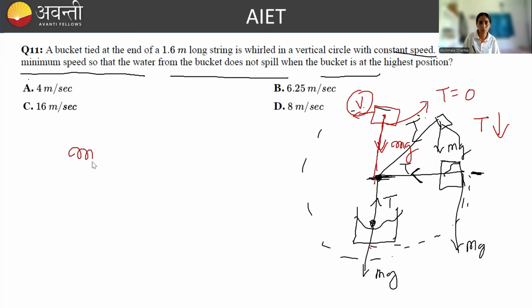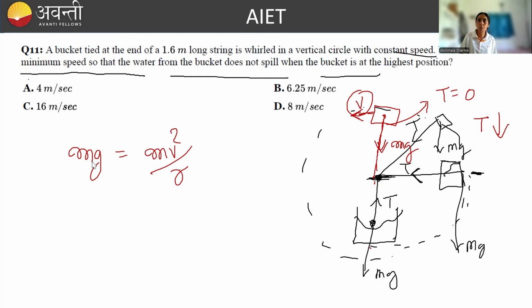So here at the top, mg should be equal to mv square by r. Because the question here is, what should be the minimum speed? So if the speed is more than minimum, then mg alone will not be able to provide the centripetal force. Tension has to be there, not 0.